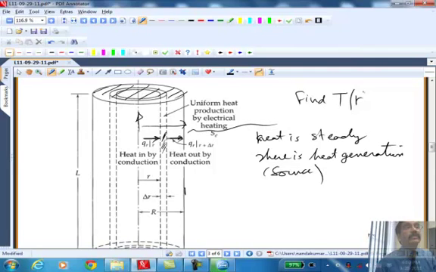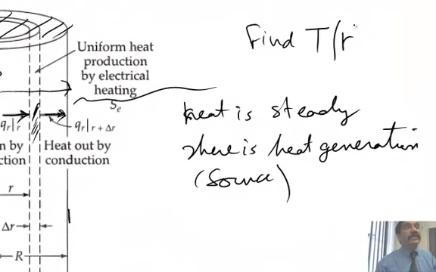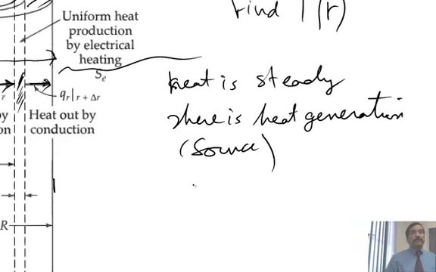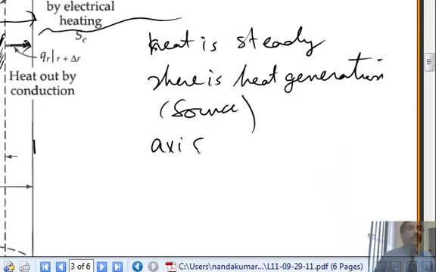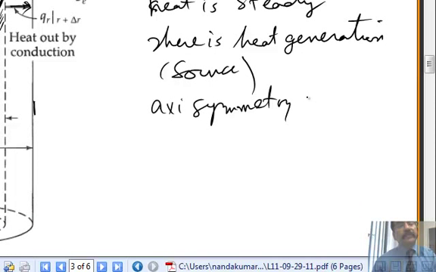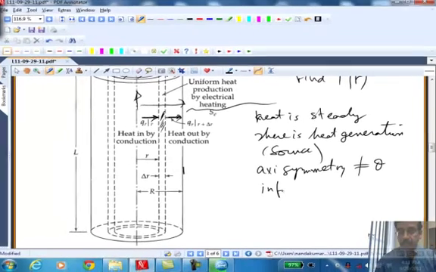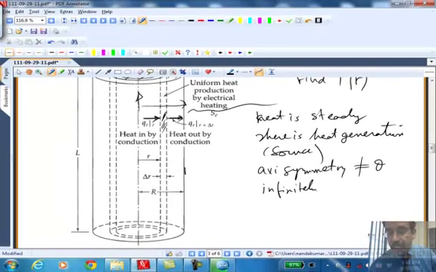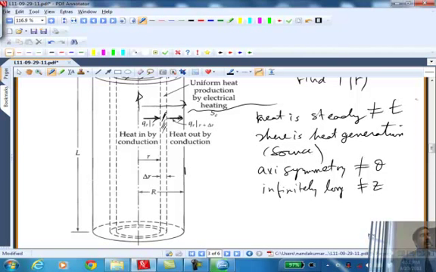T is a function only of r, so we are assuming axis symmetry. So it means there is no theta dependence, and infinitely long means no z dependence, and it's steady, that means no time dependence. Our task is to find that function under these conditions.